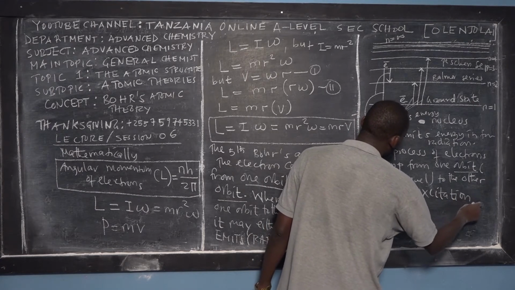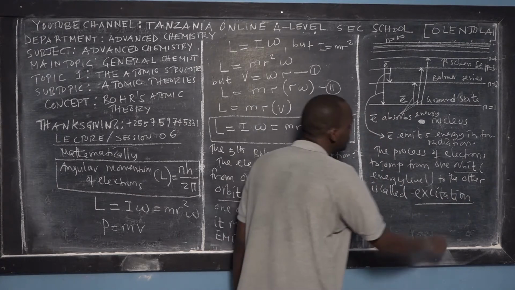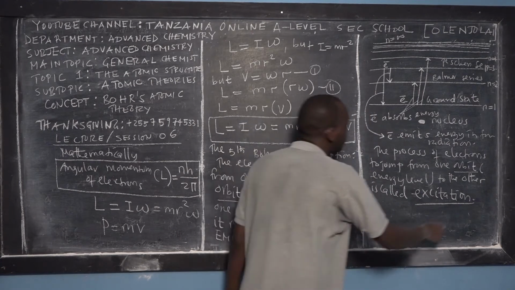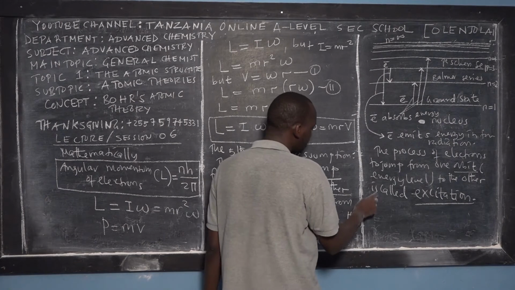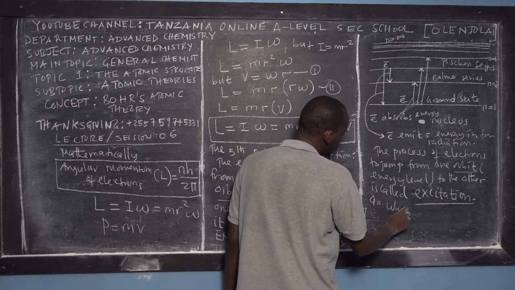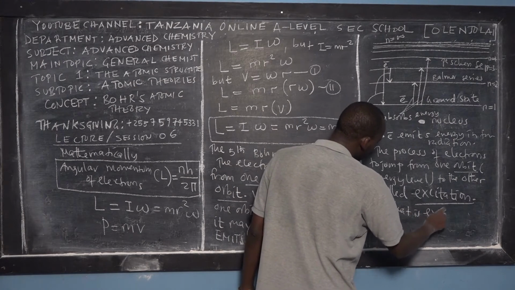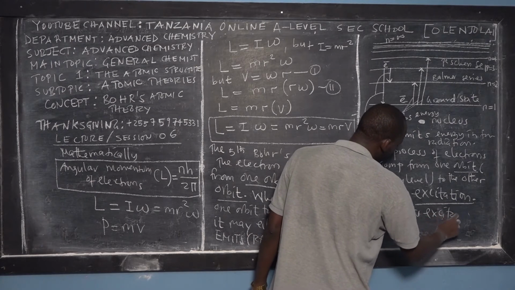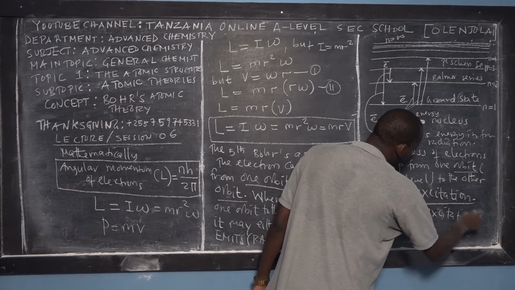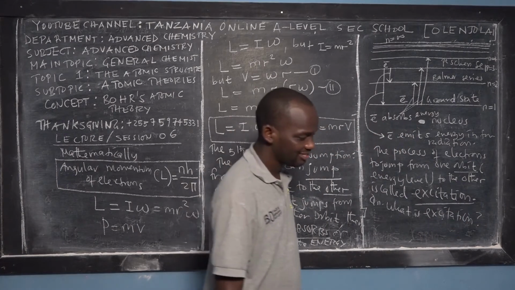So this is called what? Excitation. So that is the meaning of that process. When you are asked to define excitation, add this meaning. So this is the answer to the question: what is excitation of electrons? So I gave you the advantage. Okay?